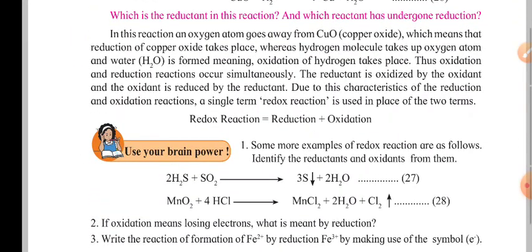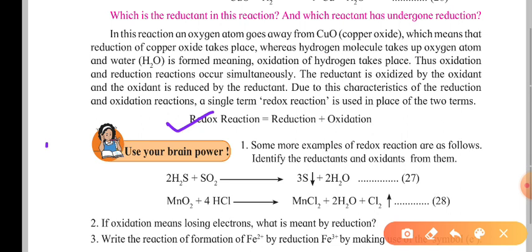Another reaction we have is the redox reaction, where reduction and oxidation take place simultaneously. In a particular chemical reaction, if oxidation and reduction take place simultaneously, then the reaction is called a redox reaction.